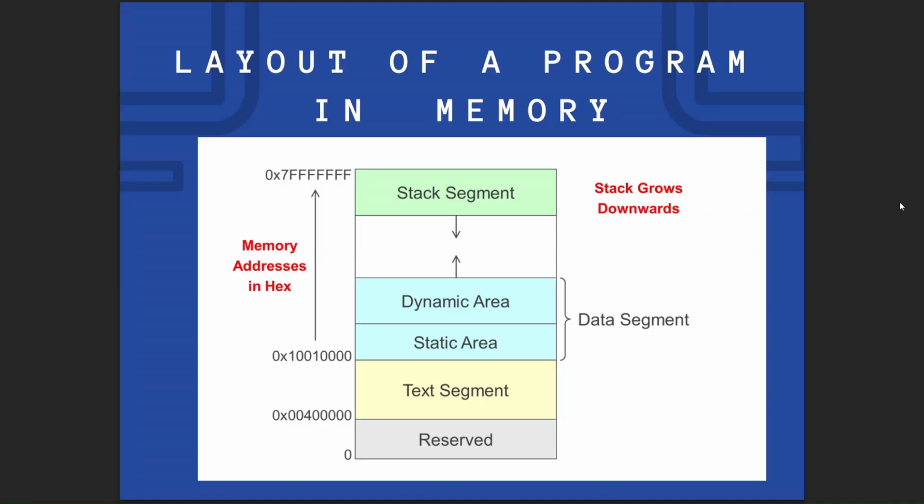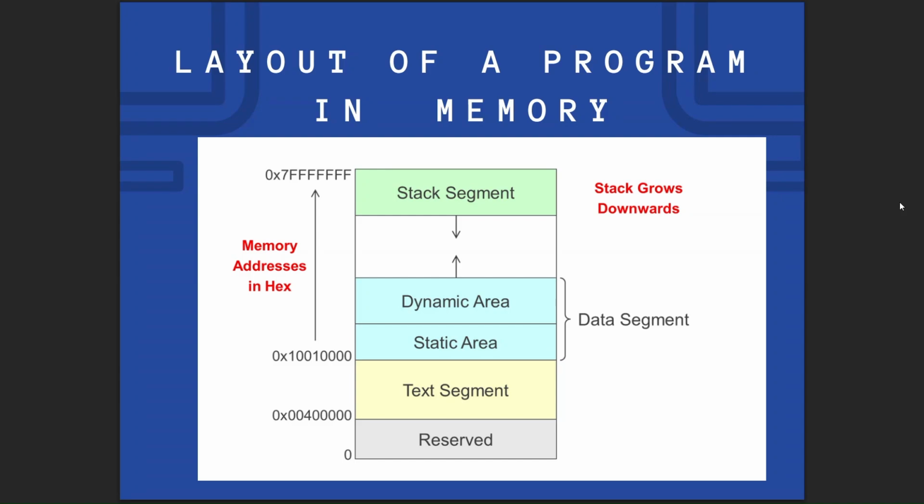It grows and shrinks as functions are called and returned. Below the stack is the dynamic area, also called the heap. This is where dynamically allocated memory lives, such as when a program uses malloc in C or new in C++. The heap grows upward towards the stack.